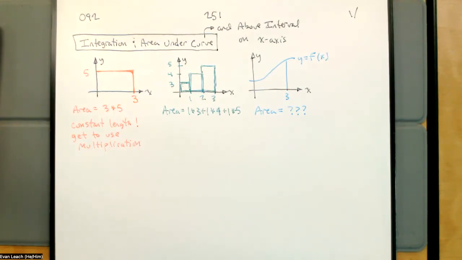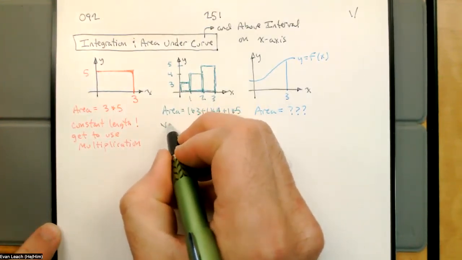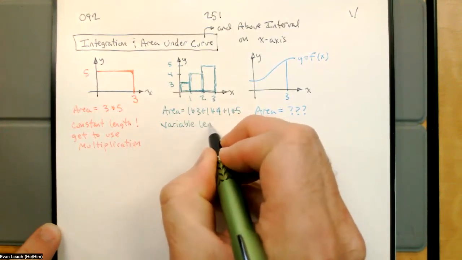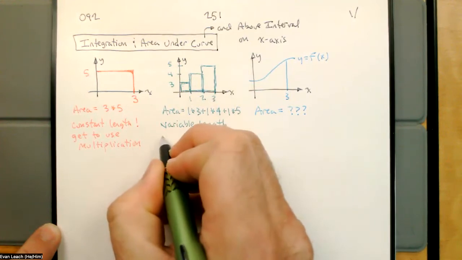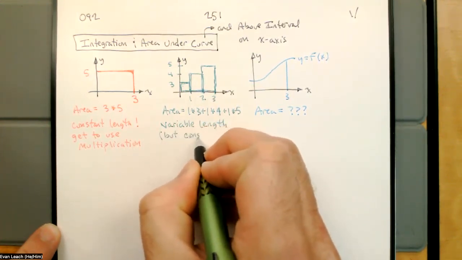In the second picture, our length is variable. We have variable length, but it's constant in short bursts.